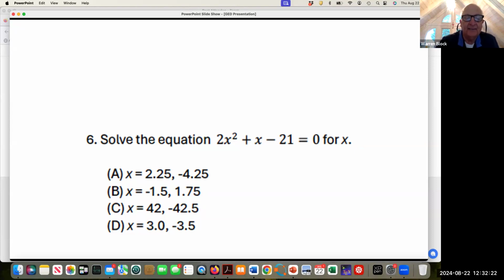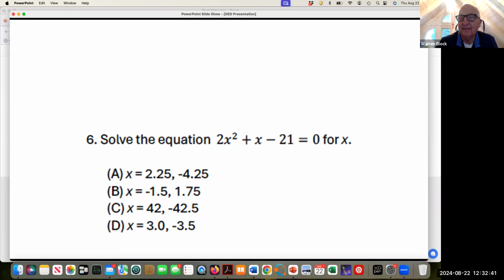So I'm going to take the easiest one, D, 3, put 3 in there and see what I get. 3 times 3 squared is 9, times 2 is 18, plus 3 is 21, minus 21 is 0. So there are only 2 answers, and the choice of answers means the answer is going to be D.